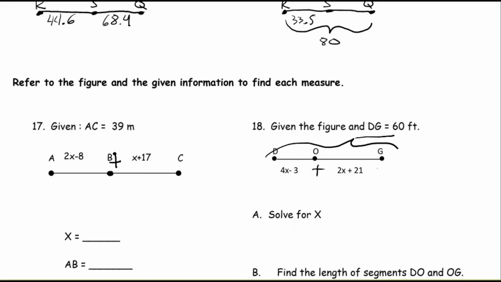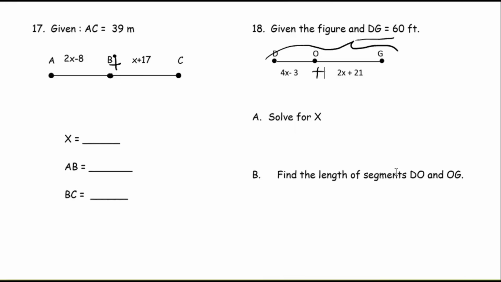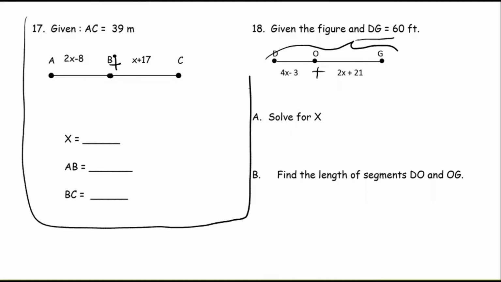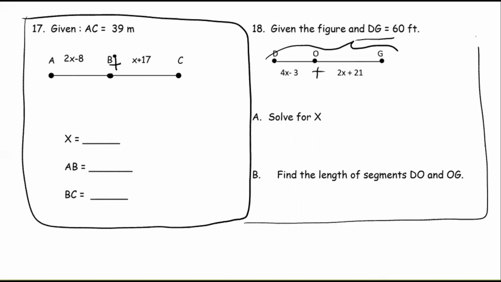This plus this equals 60. Solve for x. Now you have x, AB, so this is related, so this is together. And then this is together. So that's together.